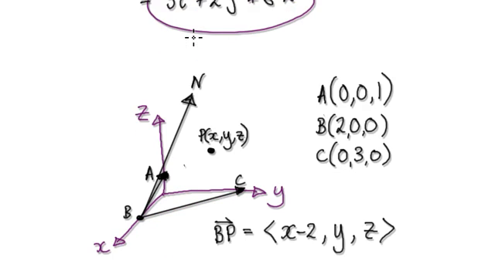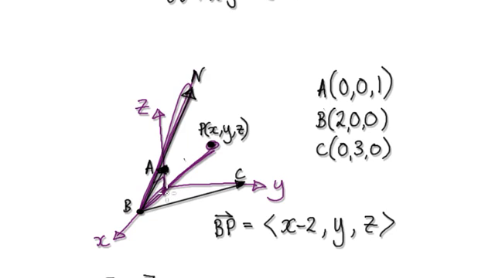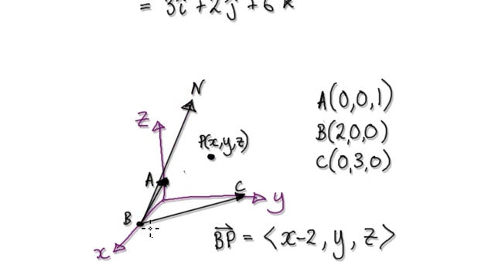Now, in order for you to come up with an equation of a plane, set up a point in the middle of nowhere. So this is our general point. We need to demand that if you dot the normal vector with our general point, it is at 90 degrees. So our next step is to work out the vector from B to our general point here.